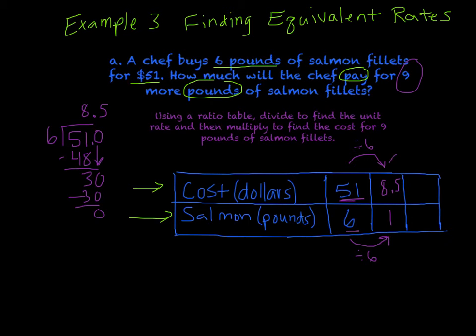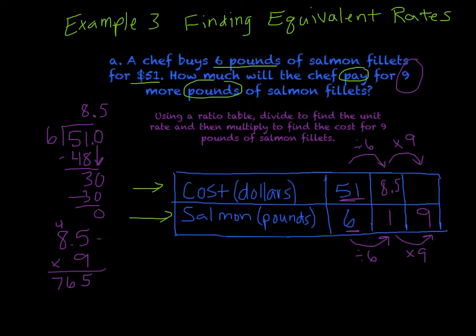So now we're going to multiply our cost times 9 and our pounds by 9. 1 times 9 is 9. And then 8.5, or $8.50, times 9. Remember, we line up the digits in a situation like this. 9 times 5 is 45. 9 times 8 is 72. Excuse me. Plus 4 should get me 76.